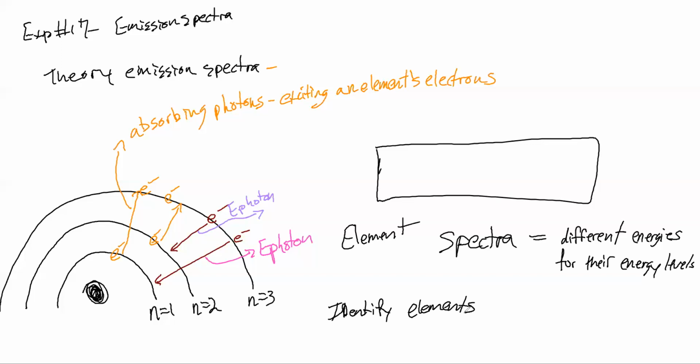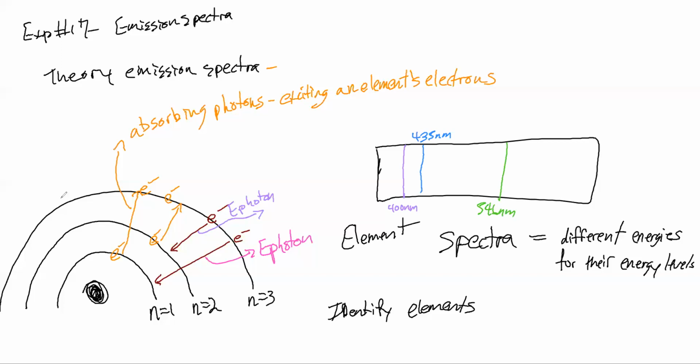Now, mercury has a couple of different distinct lines that we can see. It has one that's in the violet region, over at 400 nanometers. It has one that's in the bluer region, around 435 nanometers. It has one in the green region, right around 546 nanometers.